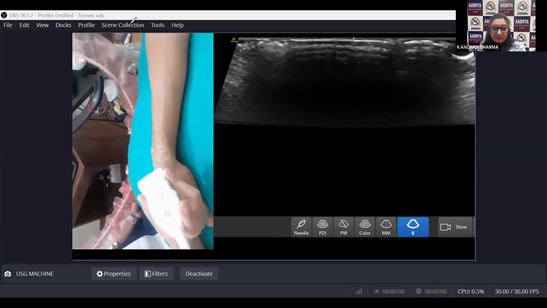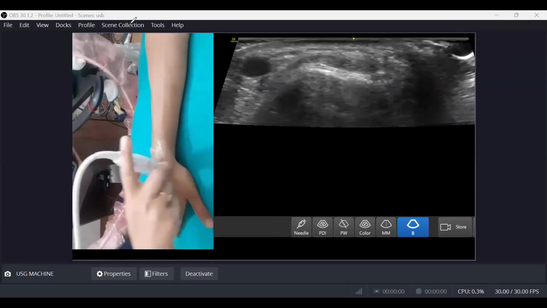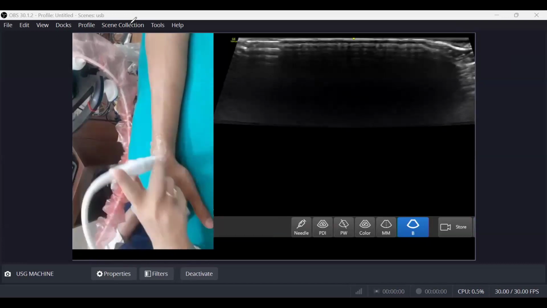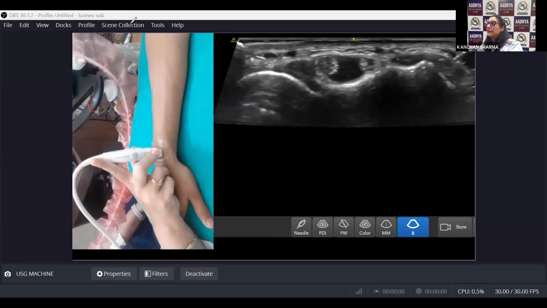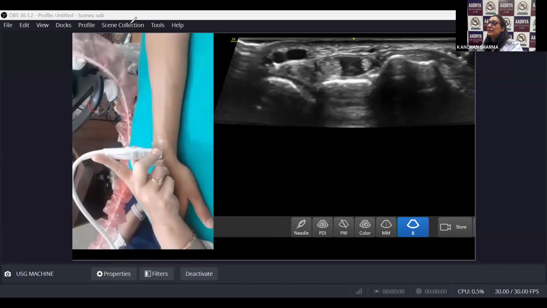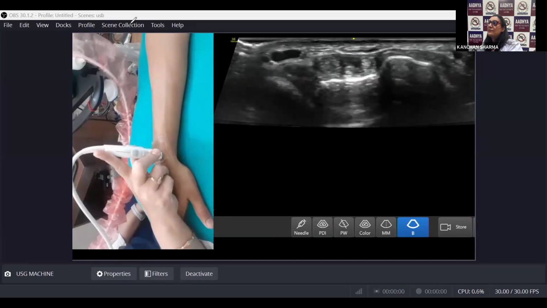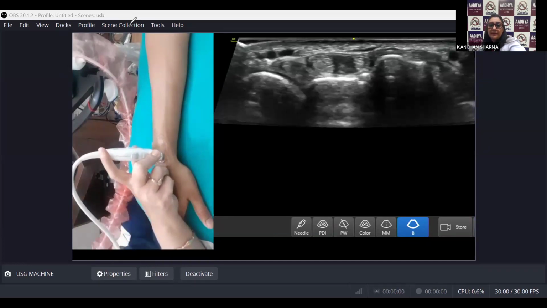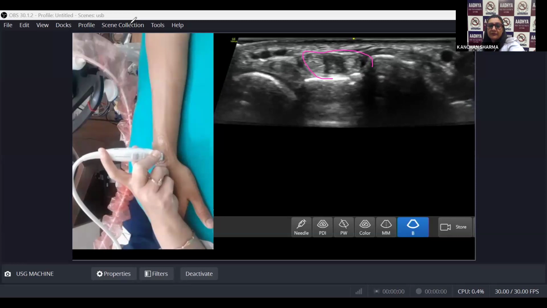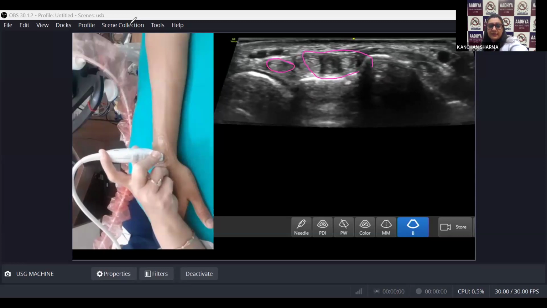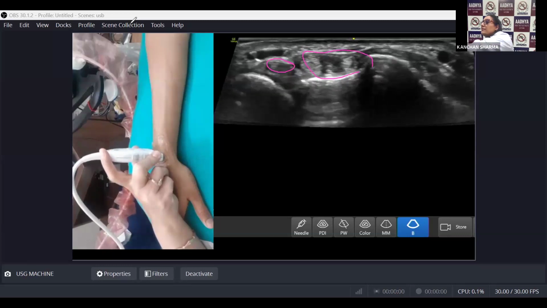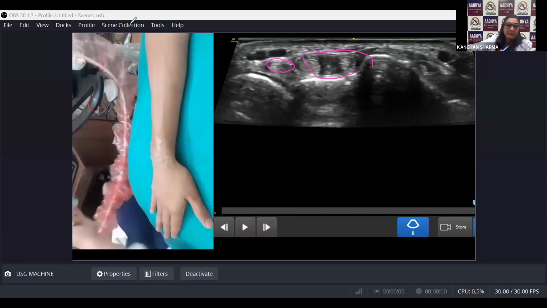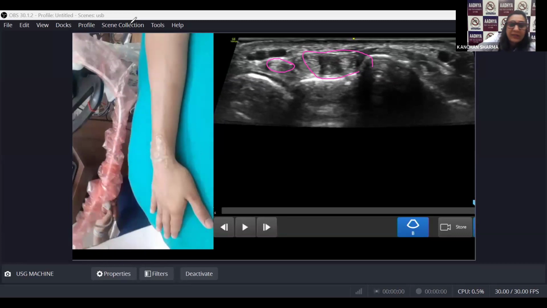Fourth compartment. See, how to identify the fourth compartment. It is the biggest compartment. See, such a big compartment, isn't it? This one is the fourth compartment. Now, what you are seeing here is the sixth compartment. So I will freeze it here so that this confusion should not be there.